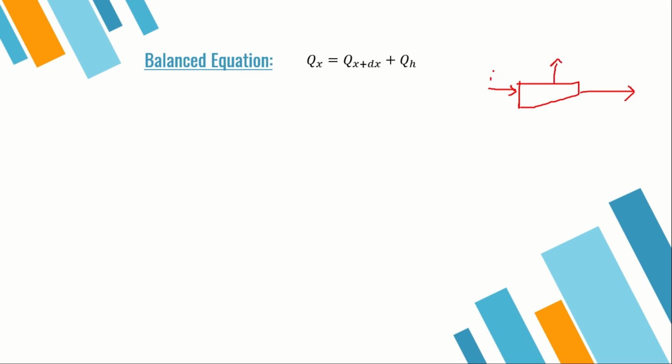So the balance equation would be the same as if we let this be A, this be B and this be C. Then A is equal to B plus C, as I have told in an example. Similarly, this is written as a balance equation, that Qx is equal to Qx+dx plus QH.